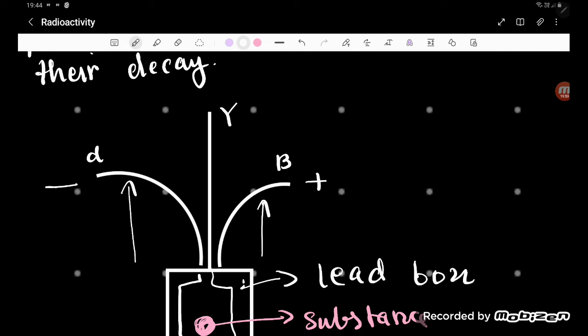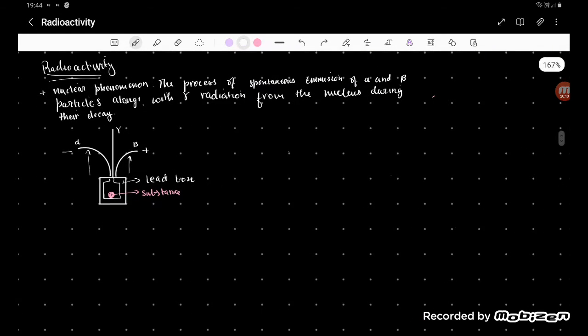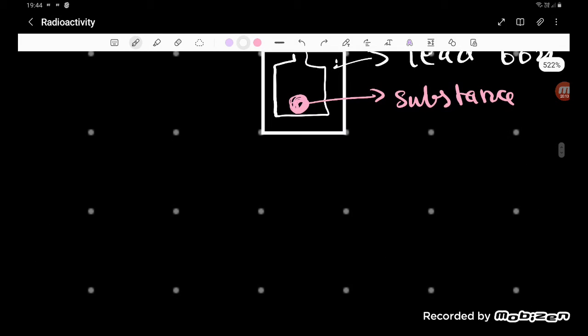Now let's study the properties of these rays, starting off with the alpha rays.